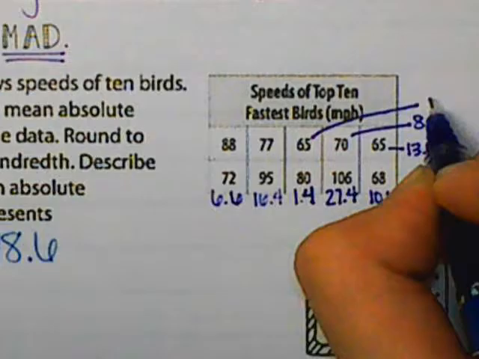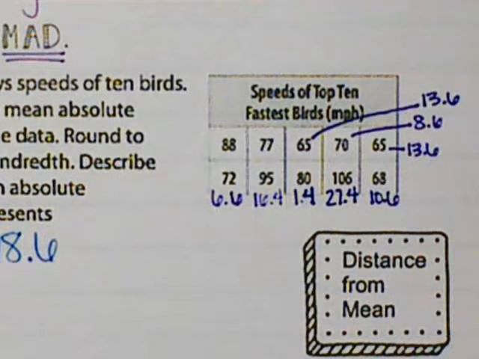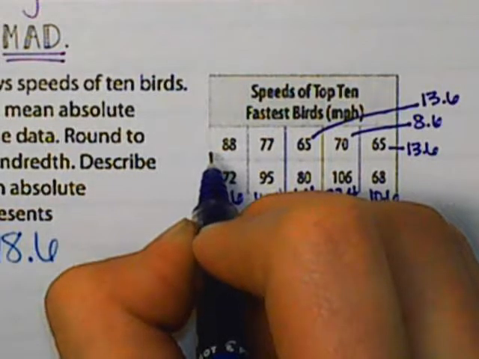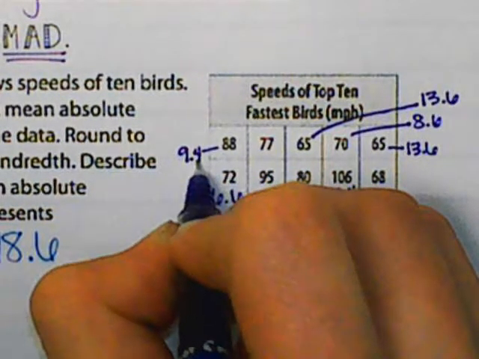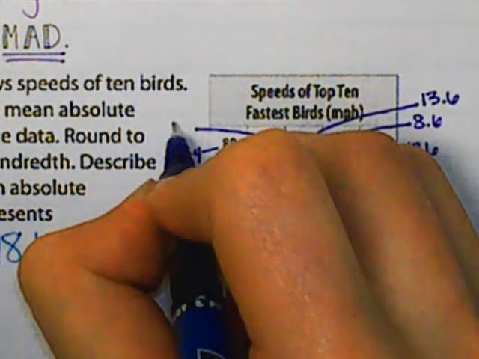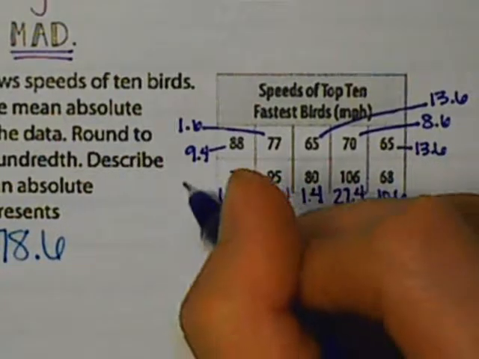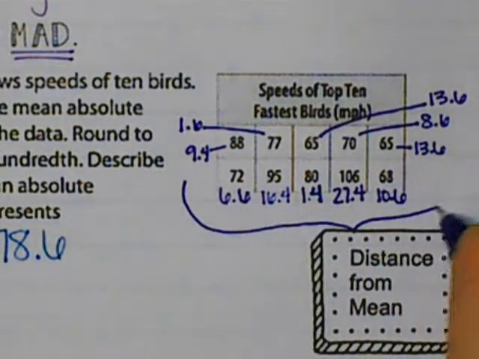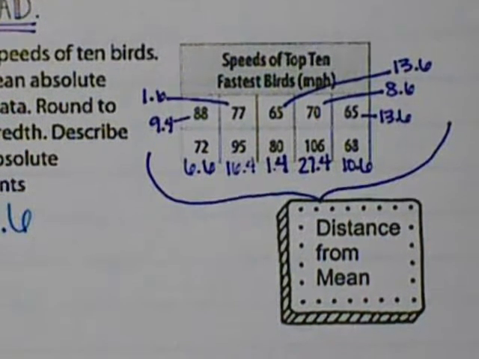We have another 65, which is 13.6. 88 is 9.4. And 77 is 1.6. So this was step 2. We found the distance each value is from the mean.